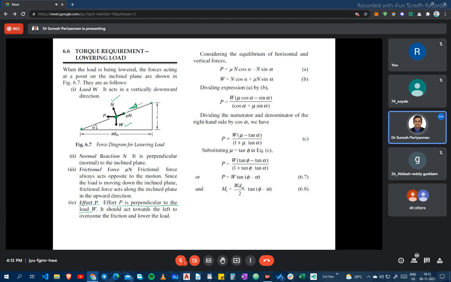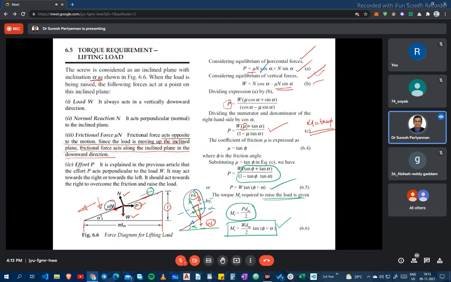Now see here, this is the equilibrium of horizontal and vertical forces, calculated in the same, similar manner. Here mu n is in the upward direction. In the earlier case mu n was in the downward direction, hence it was minus.